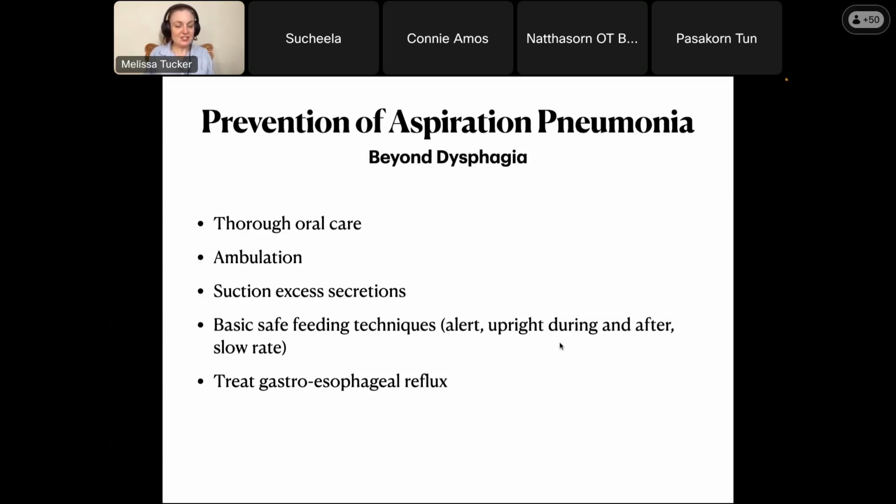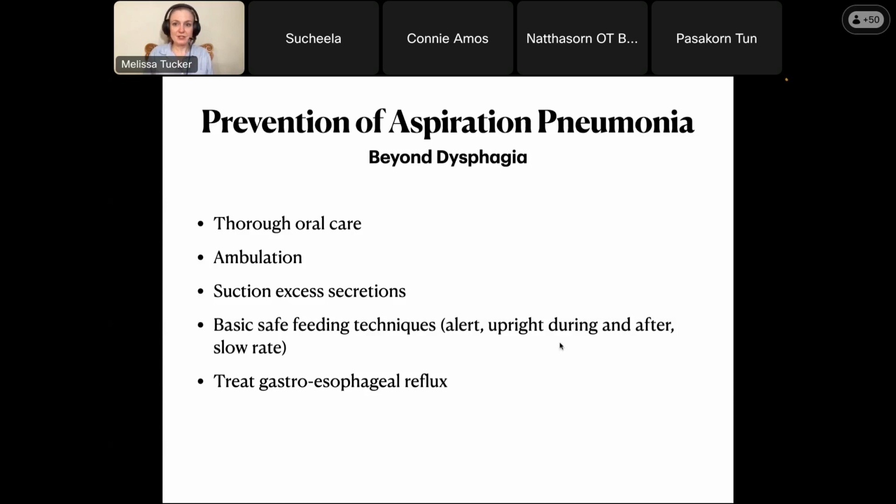Encouraging patients to get up and move, to ambulate if they're able to, or to work with physical therapy and occupational therapy to move. And we can talk about basic safe feeding techniques. So sitting upright, only eating when alert, not eating if they're short of breath. And for patients who have gastroesophageal reflux, physicians, this is really important in this population.